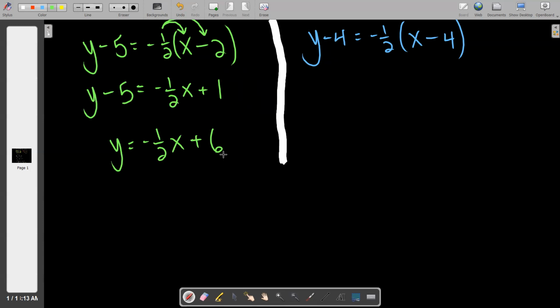Let's go do the blue one. If I distribute the -1/2 through the parentheses, what's -1/2 times x? What's -1/2 times -4? +2. And what's the last step? And you get what?